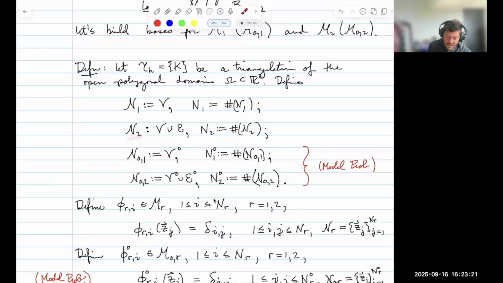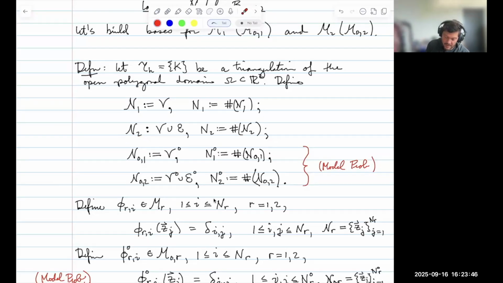N2 is going to be the set of all vertices union with the set of all edge midpoints, okay? Edge midpoint nodes, I guess. So these are vertices and these are edge midpoint nodes. If I union those two together, that's going to give me a set of points, and that set of points I'm going to call calligraphic N2.